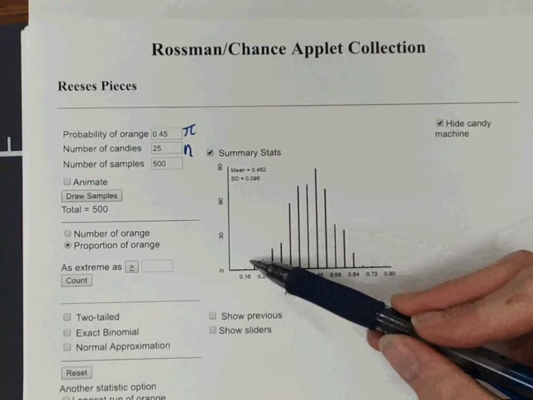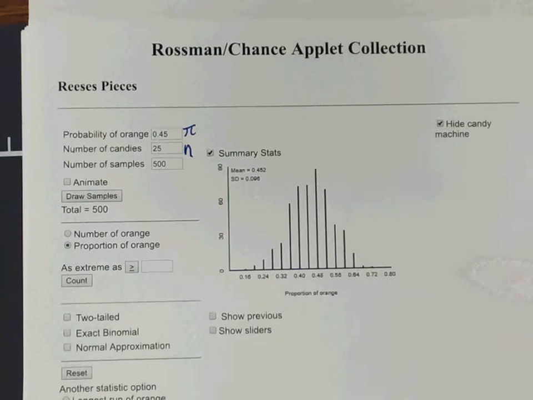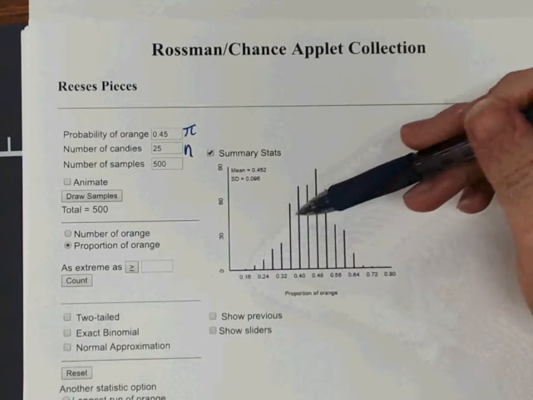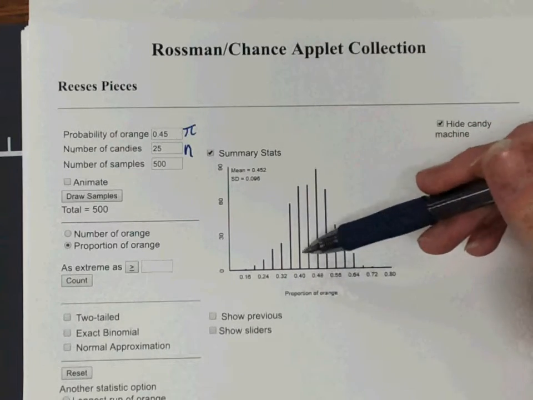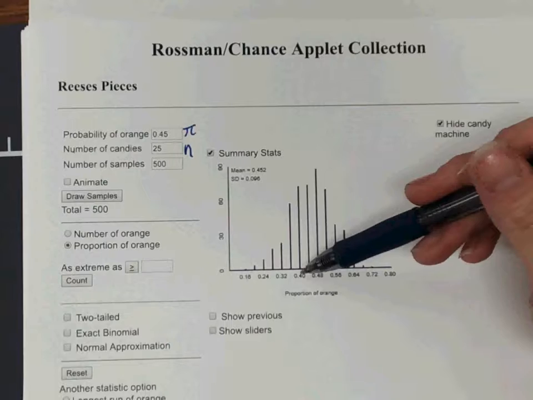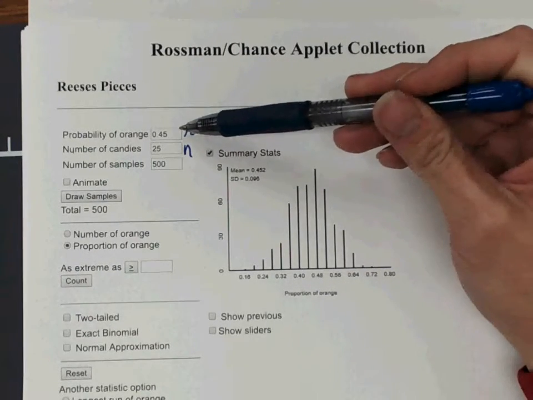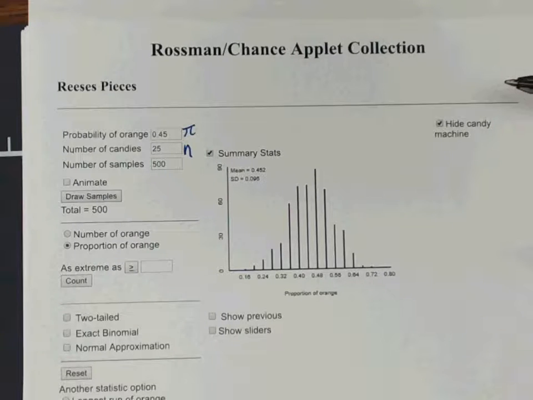So if I look at this graph, do you notice any pattern of this? When I look at it, I notice it definitely looks pretty symmetric. And the center is somewhere between 0.4 and 0.48, which pretty much makes sense given what my population proportion is.